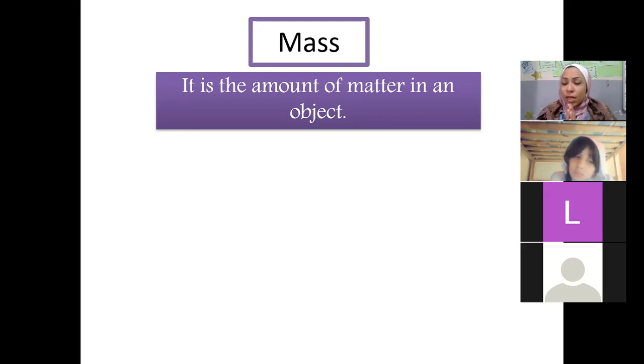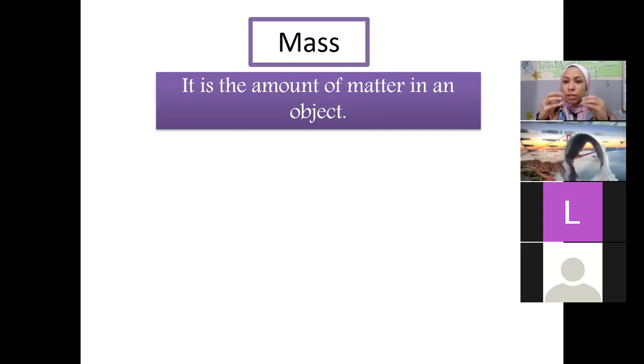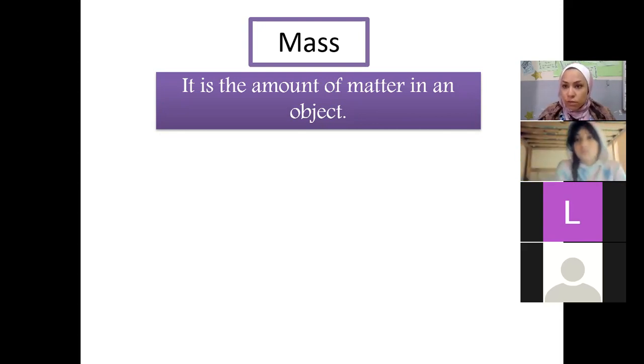When you say how heavy you are, you are actually talking about your mass. You're not talking about your weight. The word weight is a whole new thing. Okay, let me make it clear. If you want to say how heavy you are, you say that my mass is 40 kilograms.